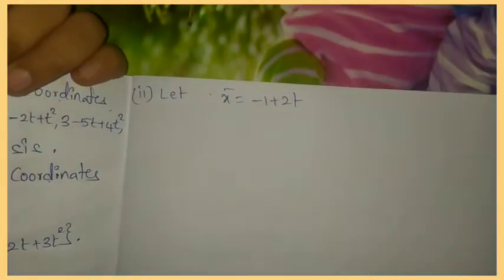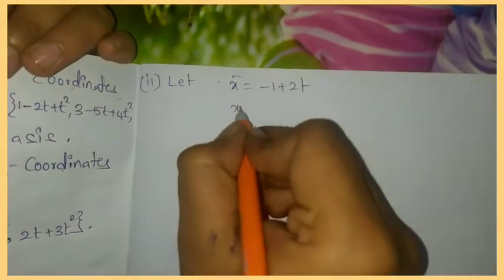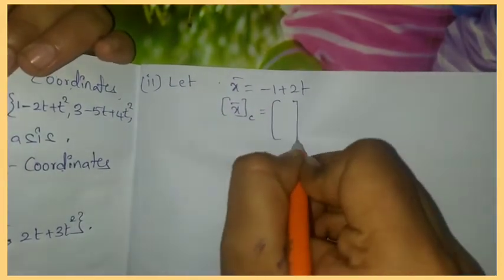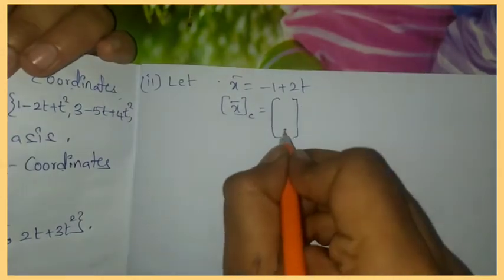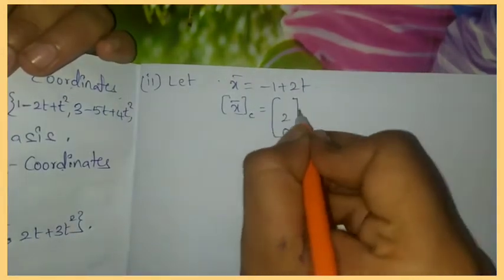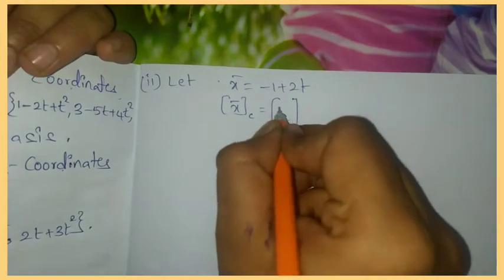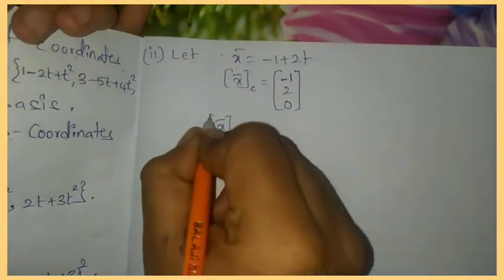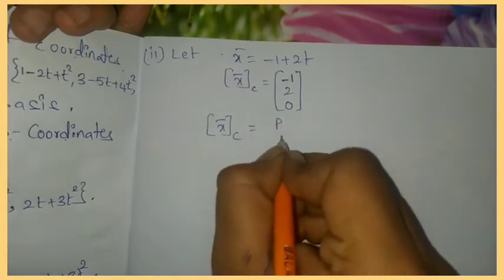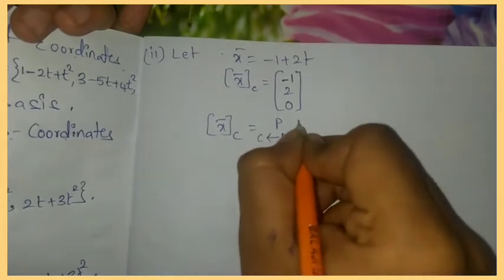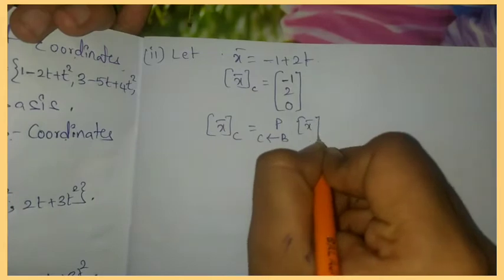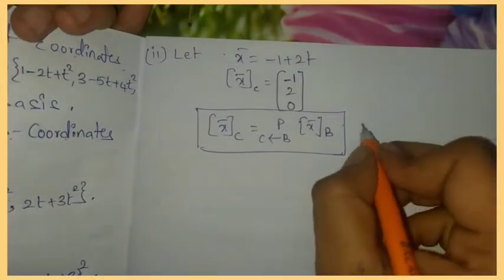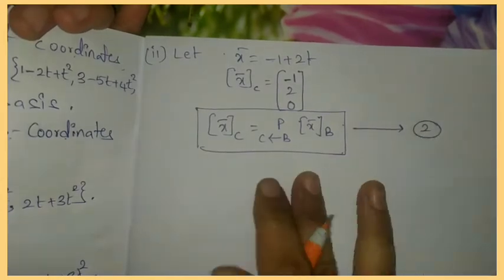Okay, so x bar relative to C is equal to, we'll take it as a matrix, t square is not there, so 0, t coefficient is 2, and constant is minus 1. Okay, now x bar relative to C is equal to P B to C into x bar relative to B. Okay, this is the formula, remember this is the formula, equation number 2.